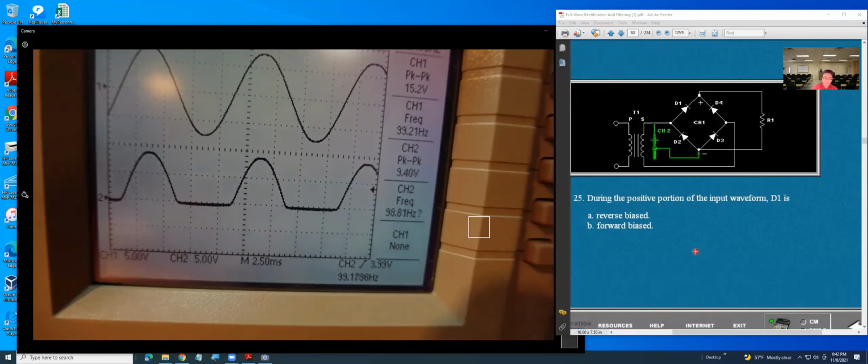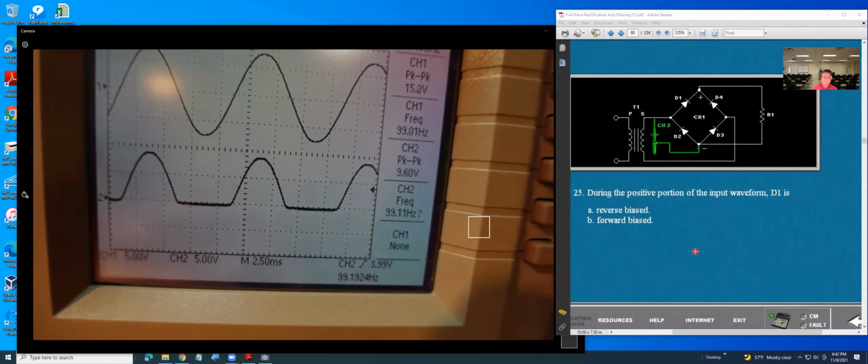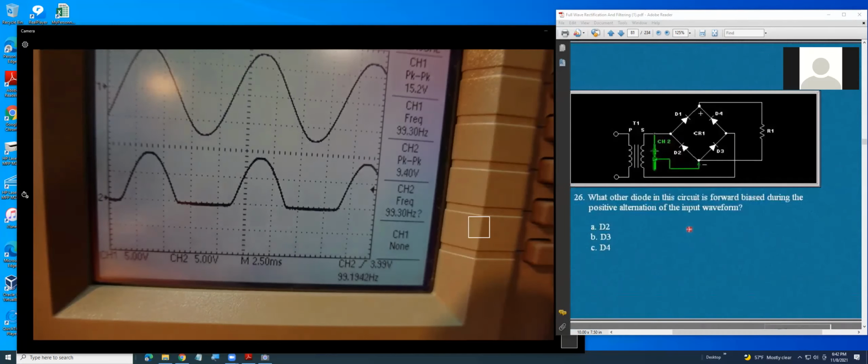It's B, right? Forward bias. Okay. Which diodes in the circuit are forward biased during the positive half? It's B. D3. B, B.